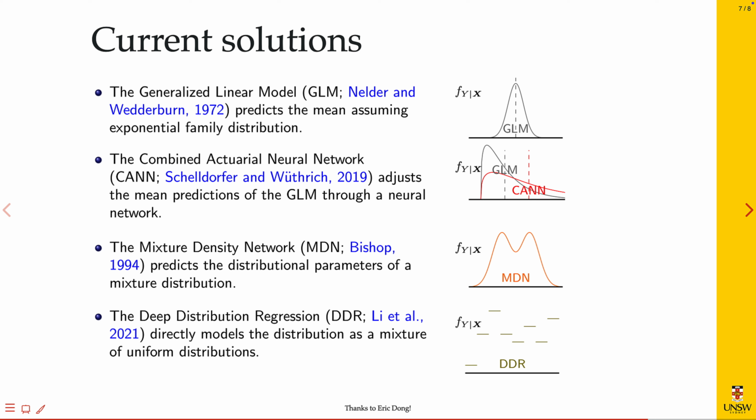And the very last one here, deep distributional regression, goes away from having any parametric families at all in the output. It just spits out a non-parametric distribution, which is the most flexible thing that you can do on the output side, but there is very little interpretability attached to that.